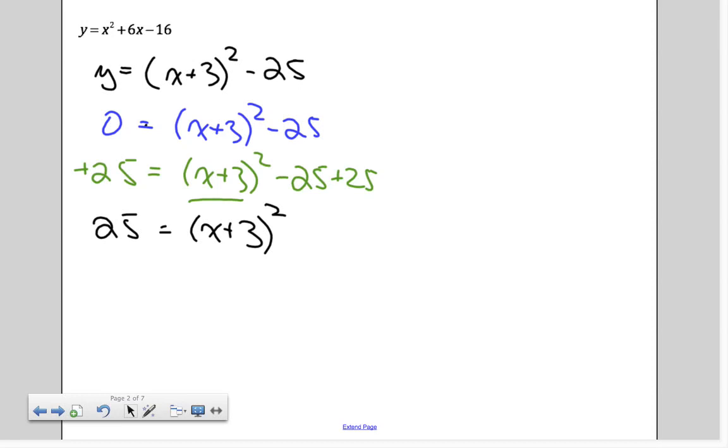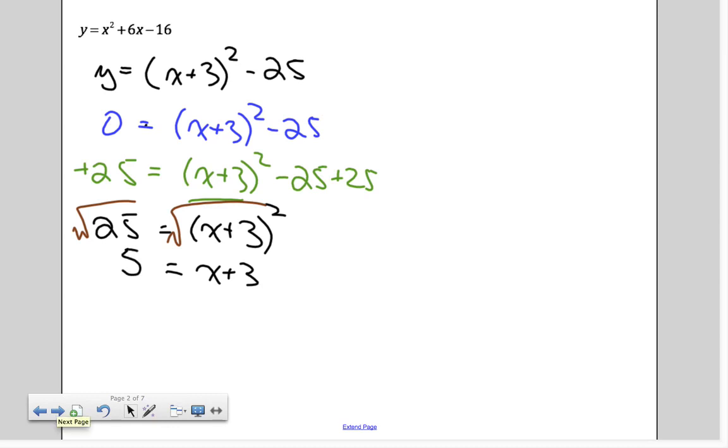Right? So we have something squared on one side. How do we get rid of the square? Or how do we do the opposite of a square? Square root it. Yeah, so we want to take the square root of both sides. My square root symbol is not that great. So here, if we square root (x plus 3) quantity squared, we're just left with x plus 3. That's the whole idea. What's the square root of 25? 5?